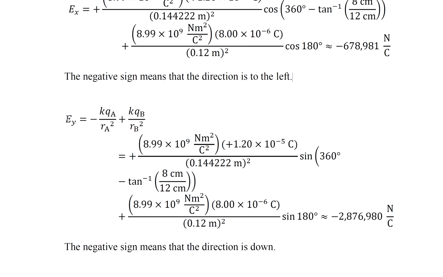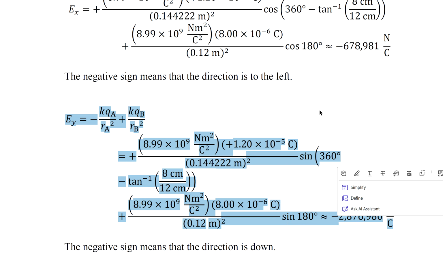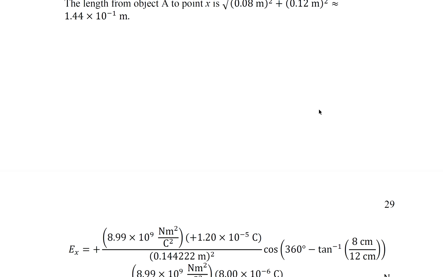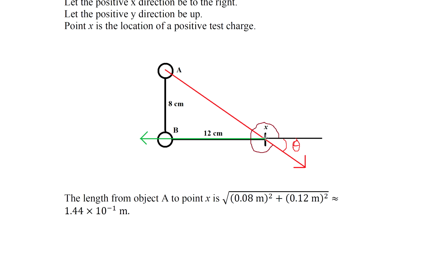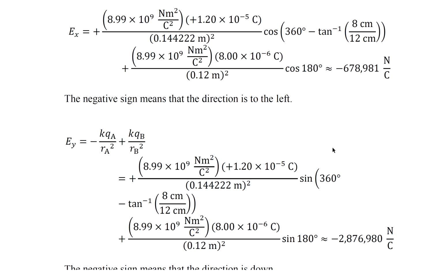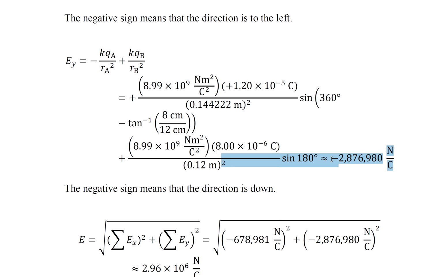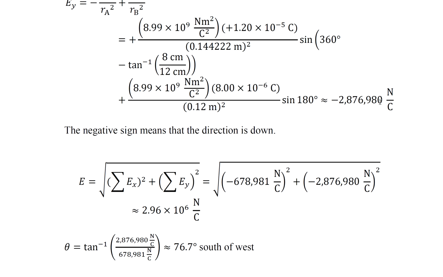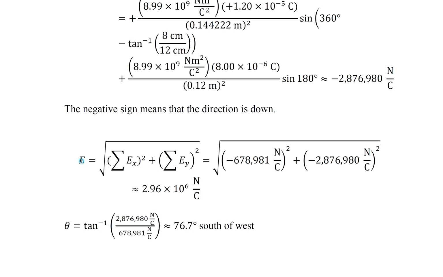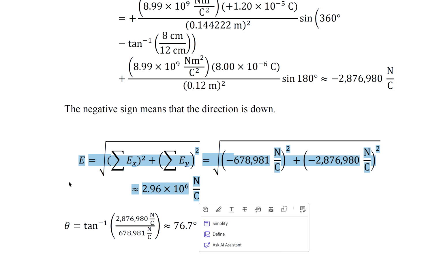And now we've got E sub y, which is negative, which means that the green only pulls it to the west, but the red pushes it southeast. So the red has a negative direction in the vertical direction. That's why it's negative. Okay. So we're going to find E, and now we could find theta.